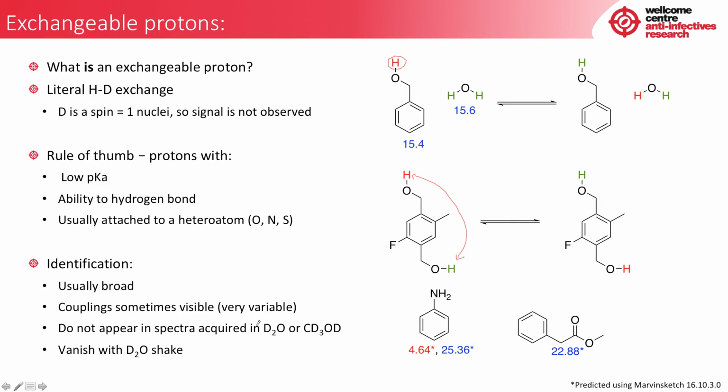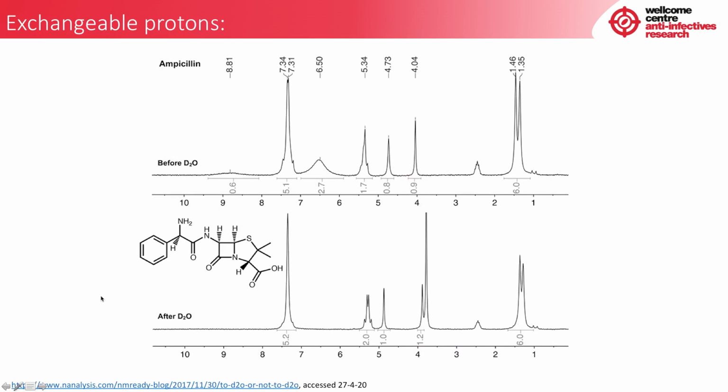To give you an idea of what that looks like, here is an antibiotic molecule, and you can see there are a few broad signals. This one you would suspect, due to its breadth and absence of coupling, to be an exchangeable signal. It would make sense for that to be our NH2 here.